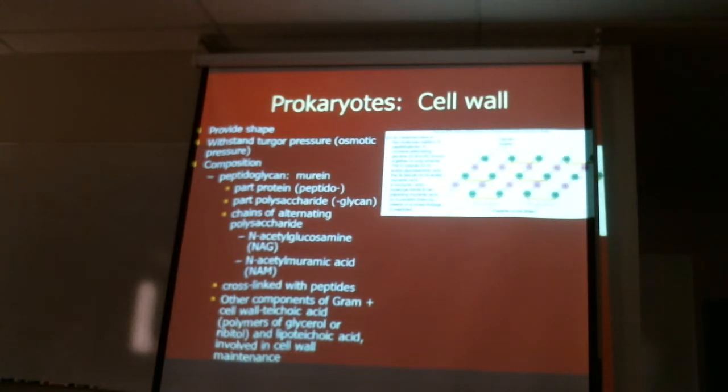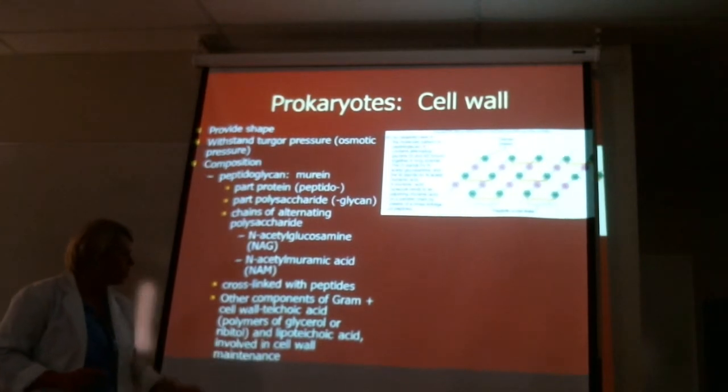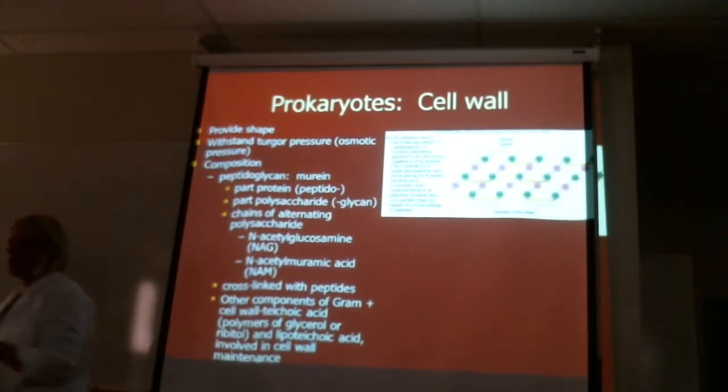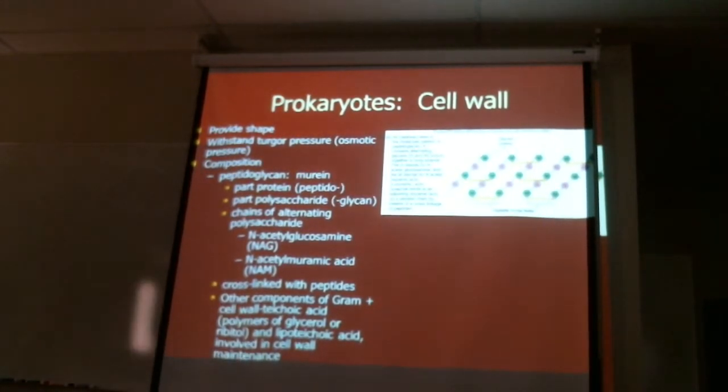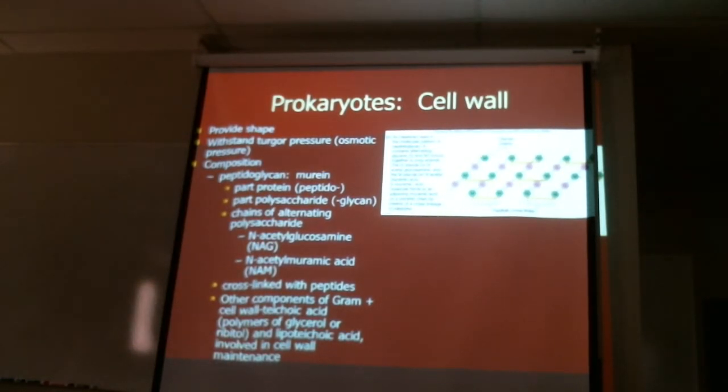Now, in gram positives, they have some extra stuff in that cell wall. It's teichoic acid and lipoteichoic acid. So right here, teichoic acid and lipoteichoic acid. They are involved in cell wall maintenance. Now, in gram positives, that cell wall is very thick.